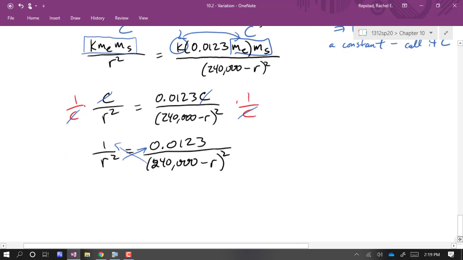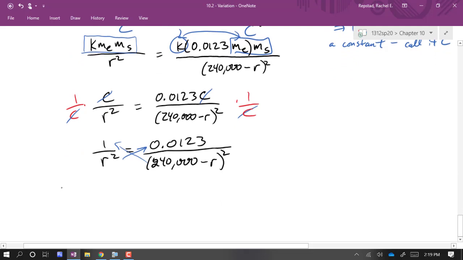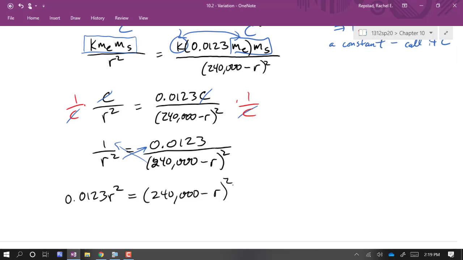So when we do that, we've got 0.0123 r squared is equal to 240,000 minus r all squared. Now there's more than one way we could do this, but I think the easiest way will be to just proceed by taking the square root on both sides.